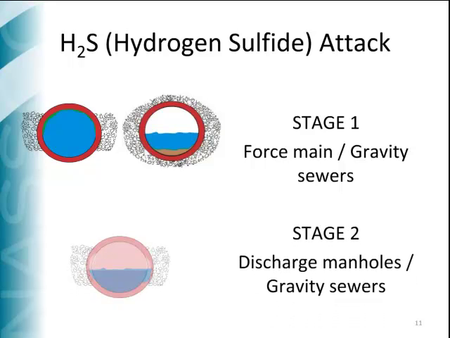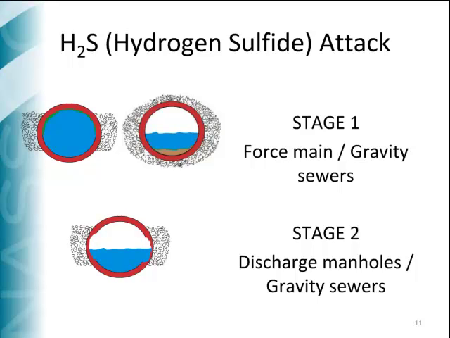Sulfides in the wastewater are released by turbulent conditions at discharge points into the air and form hydrogen sulfide gas, or H2S. This acidic gas attacks concrete and metal surfaces. Because hydrogen sulfide is heavier than air, the deterioration usually starts low or at the flow line.